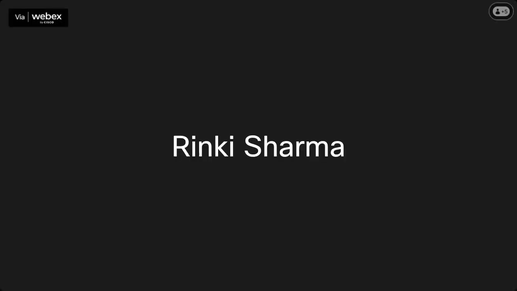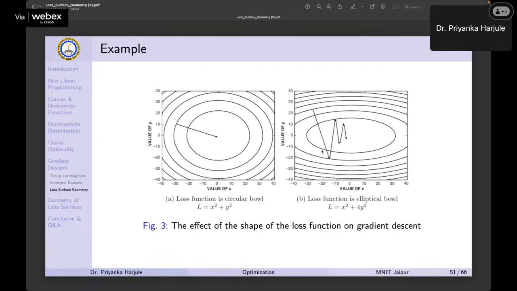Okay, so we were looking at the differential curvature. Here you can see in this figure that the gradients are more significant in the y direction as compared to the x direction. The gradient never points to the optimal solution in this case, as a result of which many course corrections are needed over the descent.